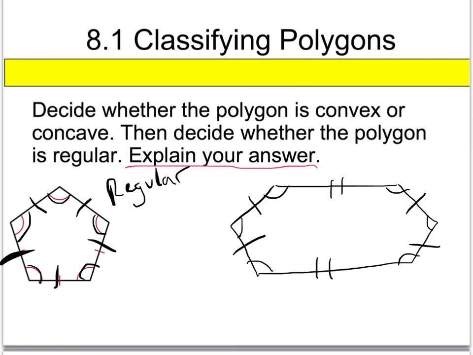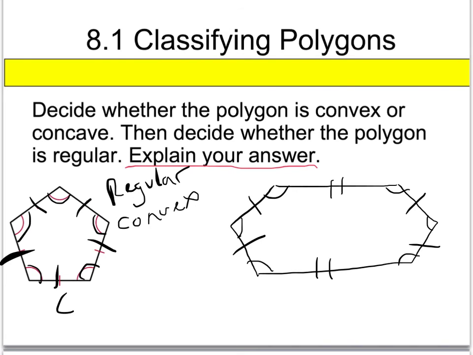And because it is regular, polygons are always what? You got it. They are always convex. Wonderful convex polygons. So now we have a regular polygon. We have a convex polygon. Why do we know it is a convex and a regular polygon?